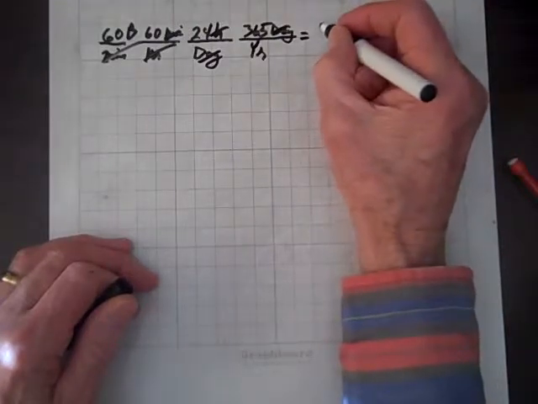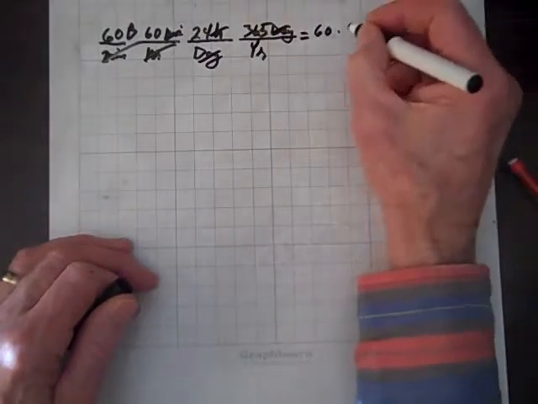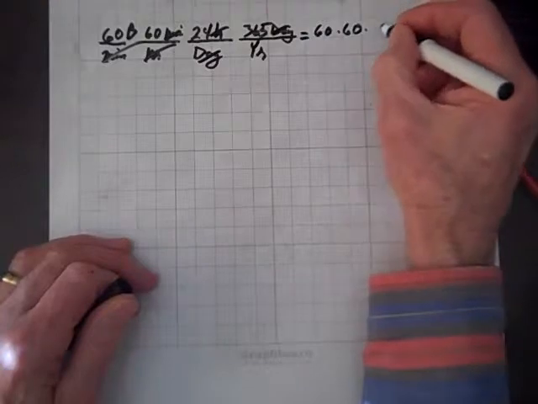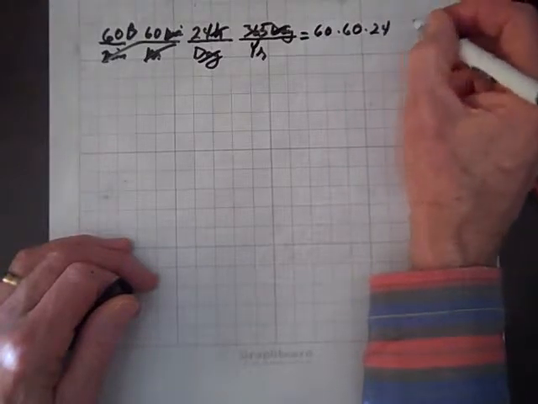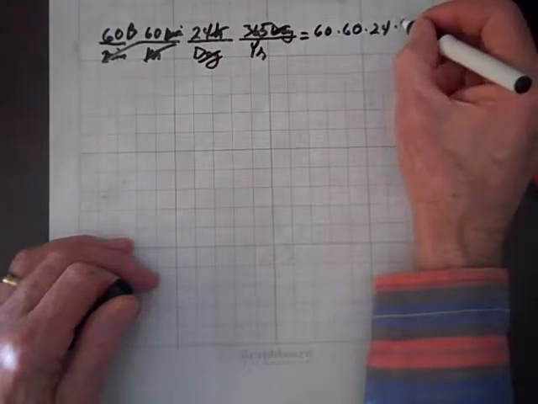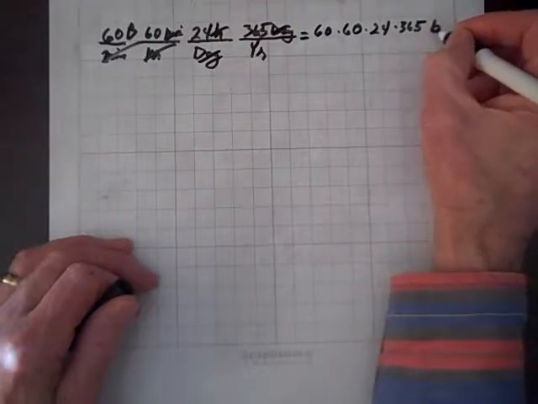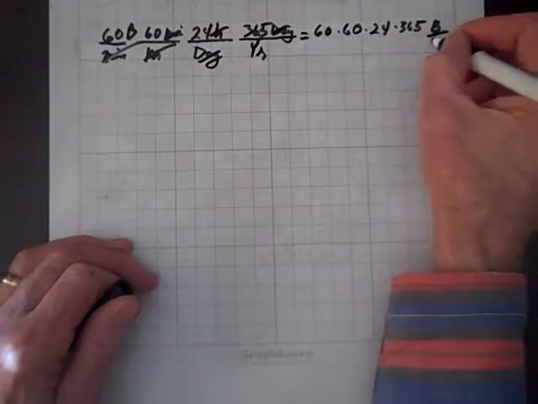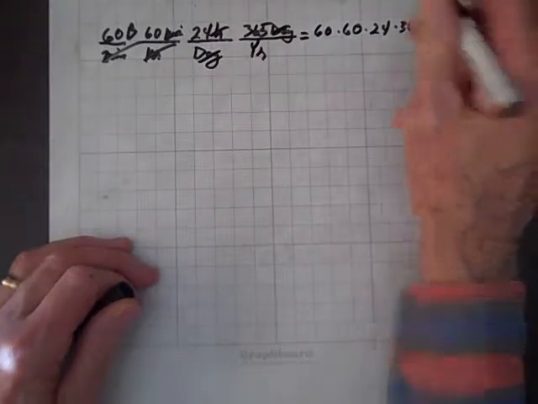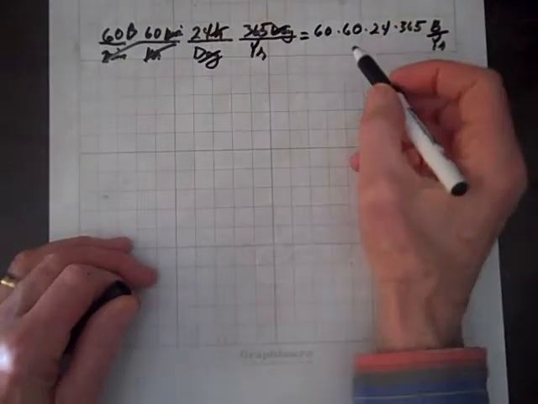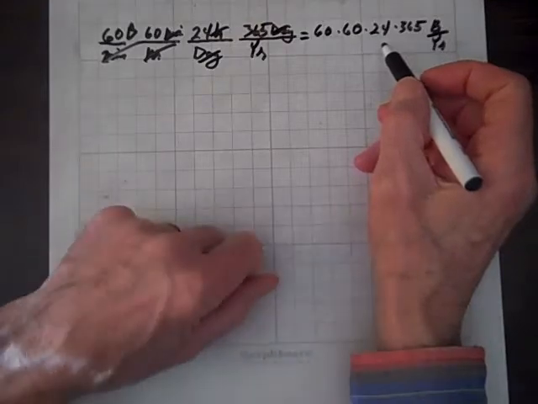And so this is 60 times 60 times 24 times 365 beats per year. Now, next step, let's liberally round.